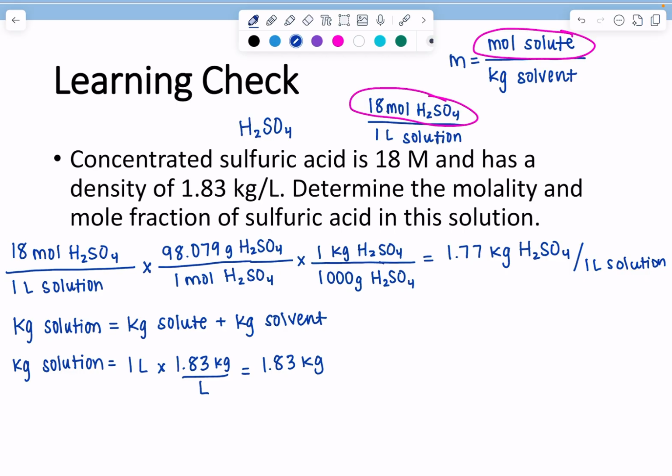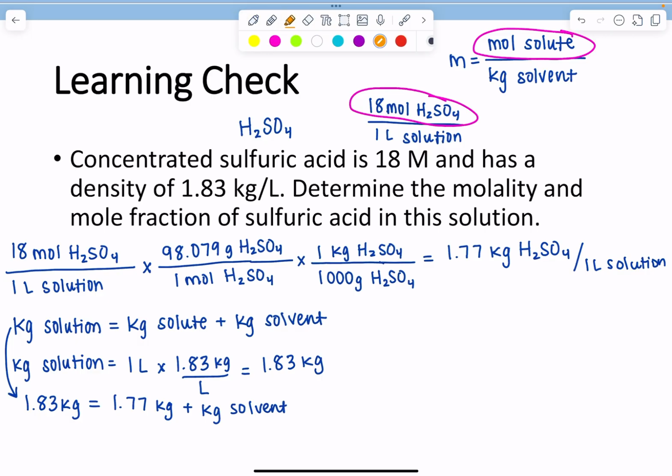So now going back to this equation, kilograms of the solution, 1.83, equals kilograms of the solute, that's 1.77, plus kilograms of the solvent, that's what we're looking for. Let me use some highlight to make this a little bit more obvious. So kilograms of the solute, that's the 1.77, that's what we calculated up here.